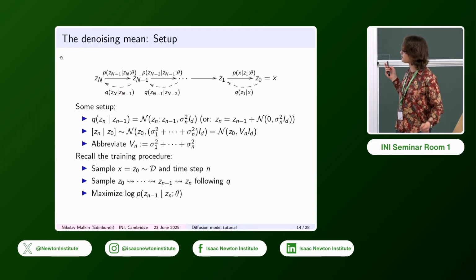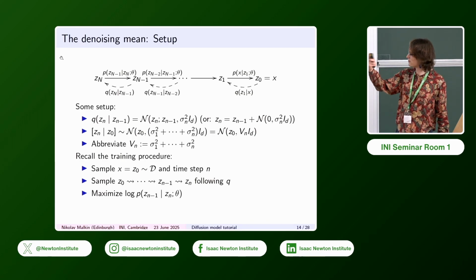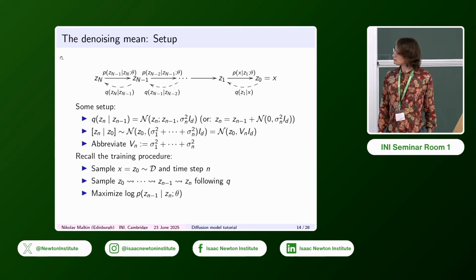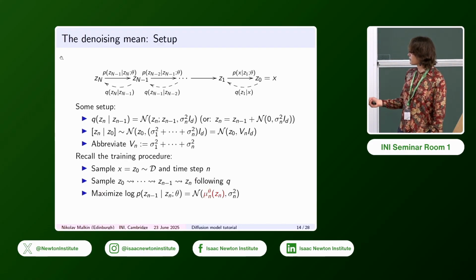The training procedure was what? We sample x from the dataset, we go to some time step n, we follow q and noise x up to latent number n, and then we maximize the log likelihood of passing to Zn-1 from Zn. If we model this transition as Gaussian, then we're trying to predict this mean.